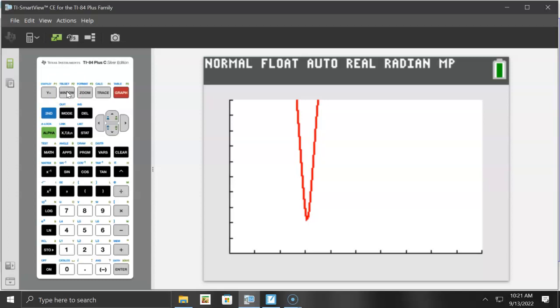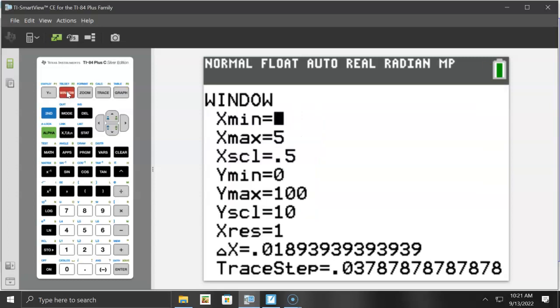Minus is bigger, and it's down in the center. What window did you set it to? Window I set between 0 and 5 for X, and I counted by half-hour increments, and then Y I went from 0 to 100 and scaled it by tens.